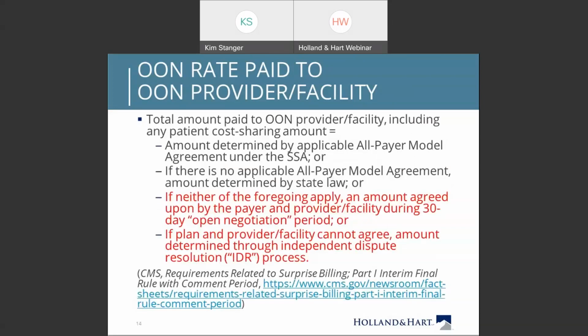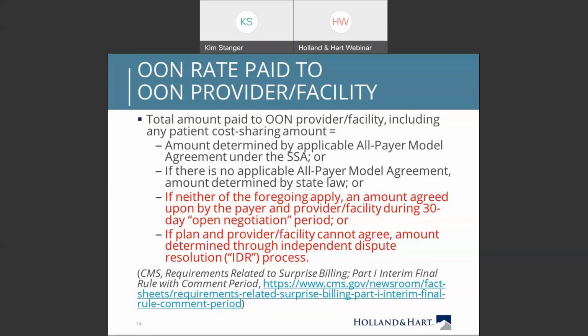So if you happen to fit within those limited circumstances under the no surprise billing rule, the total amount that the payer has to pay the out-of-network provider or facility is determined by the following issues. First, you would look to see whether there's an amount determined by an applicable all-payer model agreement under the Social Security Administration for your particular area. Most entities aren't covered by that. So then you would look to see whether there's an applicable all-payer model agreement amount determined by state law. Most states don't have that.